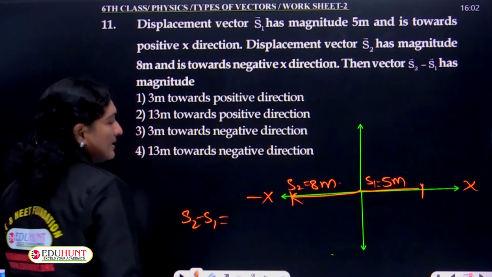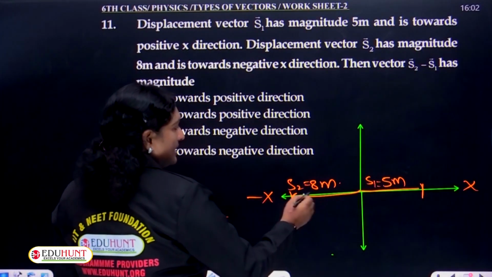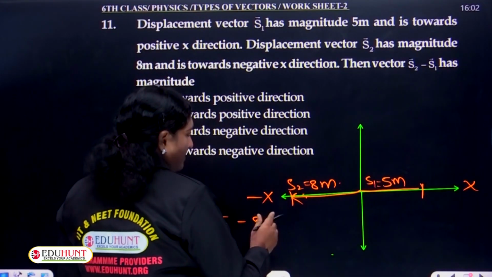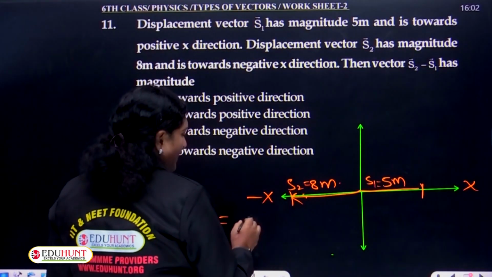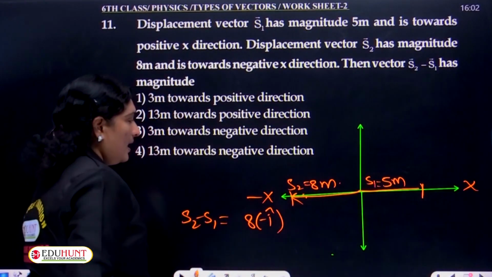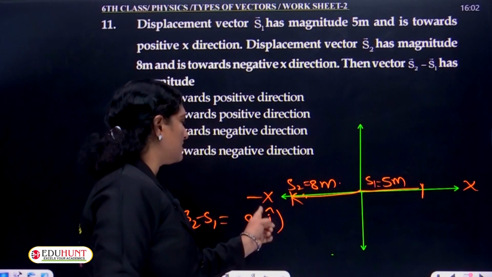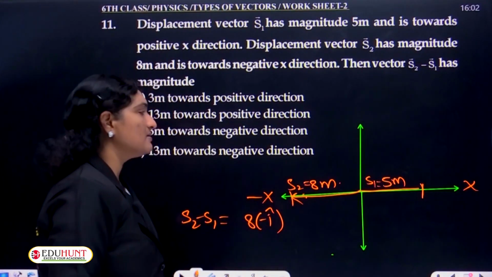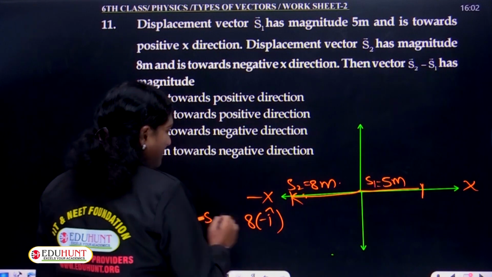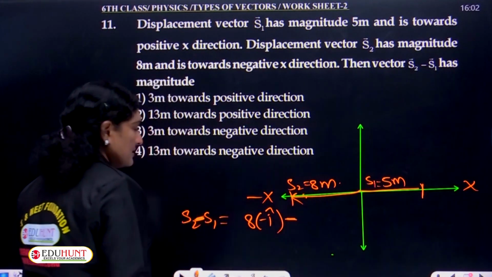So what is the value of S2 minus S1? The value of S2 is 8. So let me take it as minus 8. So actually this is to be written as 8 along x-axis, meaning minus I cap. 8 is the magnitude, direction along x-axis indicated as minus I cap. And this symbol minus is there, so I have to represent this minus as it is.